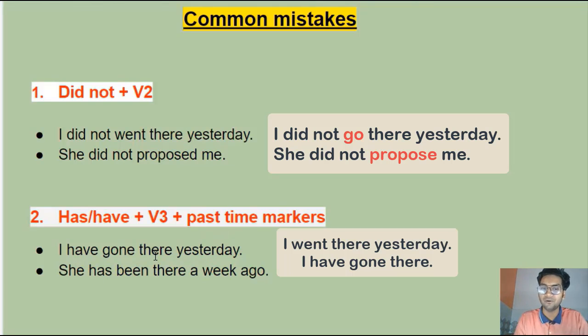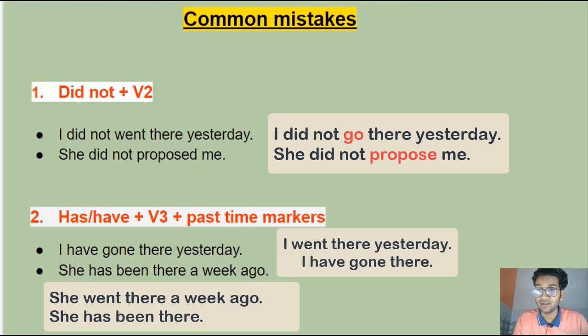This is present perfect tense and you cannot talk about the time of the action in present perfect tense. Here the completion of the action is important, not the time when it happened. So you'll simply say I have gone there, right? Or I went there yesterday if you want to talk about the time as well. "She has been there a week ago." You cannot talk about the time. She has been there, or she went there a week ago. Got the point? So these are some common mistakes that some people make. Make sure you do not make these mistakes.